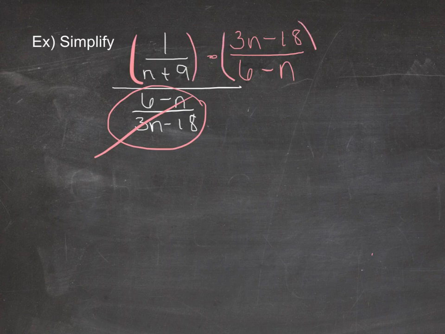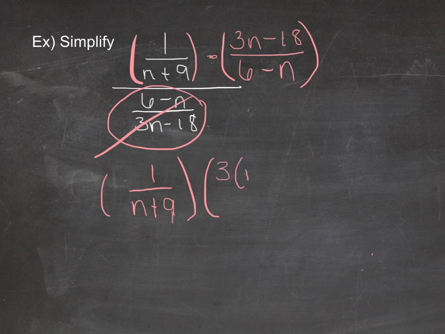Now I'm just multiplying the two things together. With this, again, I'm going to look to see if I can factor, so always look to see if you can factor anything. In the expression on the right, in the numerator, I can factor out a 3, so I'm left with 1 over n plus 9, I'm not changing this one yet, times 3 times n minus 6 all over 6 minus n.